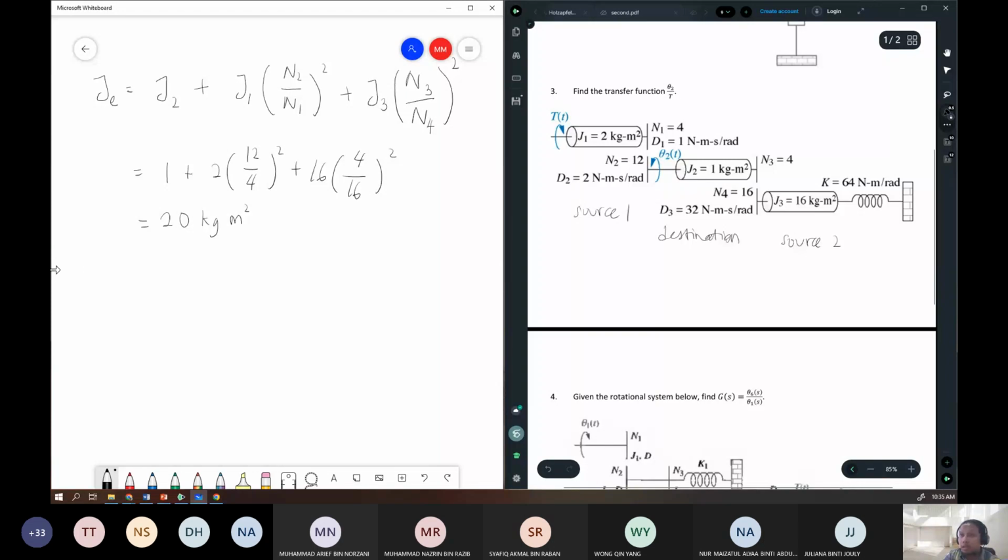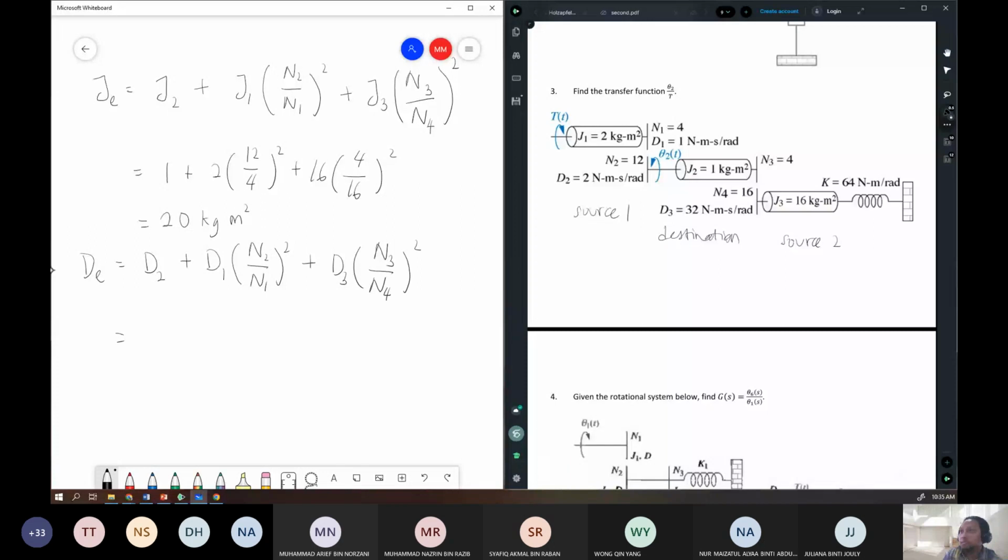So D equivalent equals D2, plus D1. D1 is on the first shaft, so you need to multiply N2 over N1 squared, plus D3. D3 is on shaft number 3, so you need to transfer, times N3 over N4 squared.